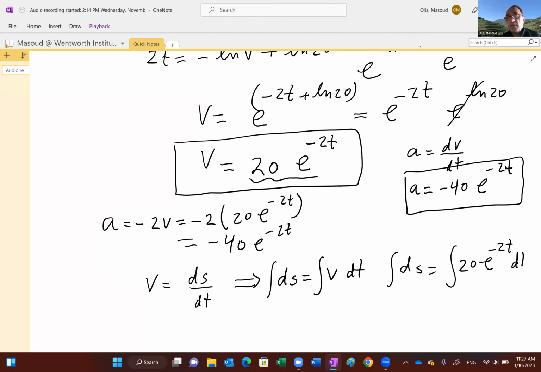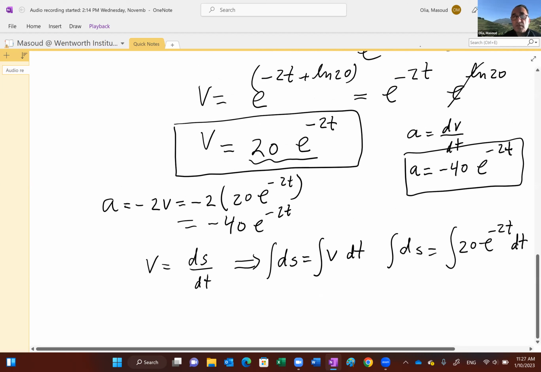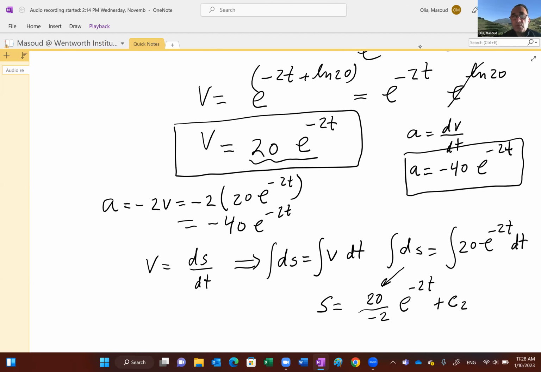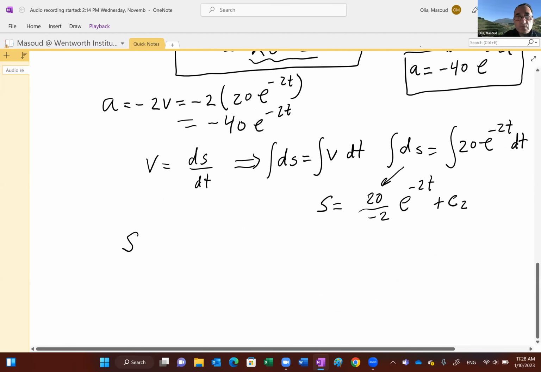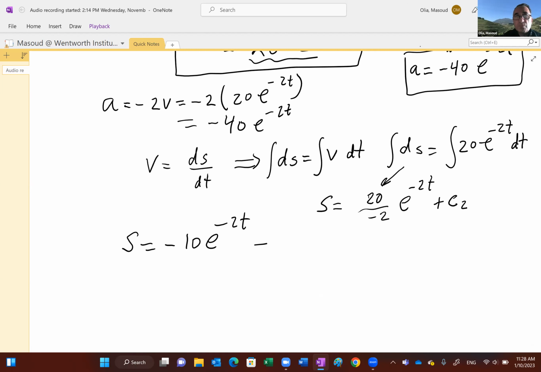Again, I'll use the initial condition. The integral of ds obviously is s, and the integral of that becomes 20 over minus 2 e to the minus 2t plus a constant of integration. I call it C2. So s becomes minus 10 e to the minus 2t plus C2.